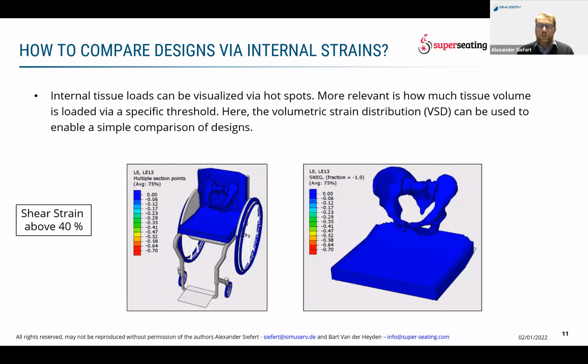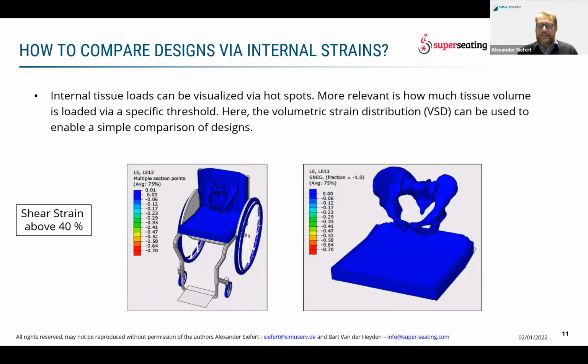And what we are doing here is shown a little on the slide and in these animations. On the left side, you see him settling down, you see the pelvis, and you see the wheelchair. Then step by step, as he sinks down under gravity load, more and more tissue has a higher level of strain. And we can compute which part of the tissue is at a specific strain level.